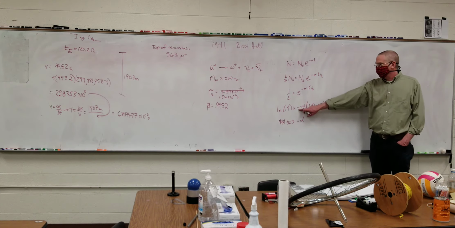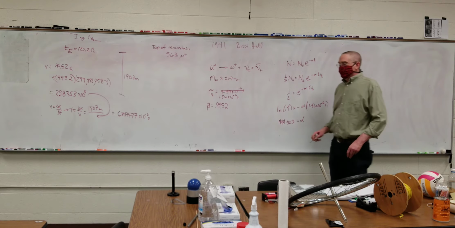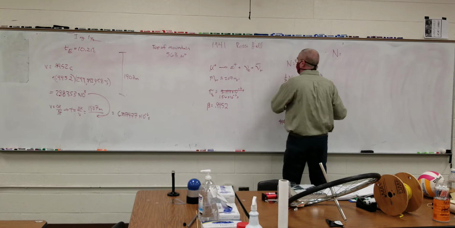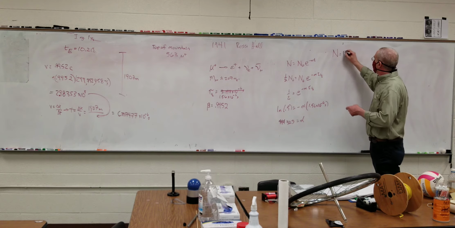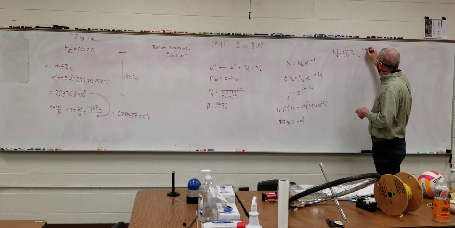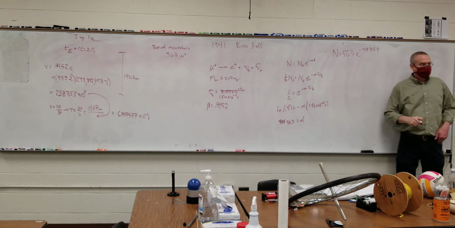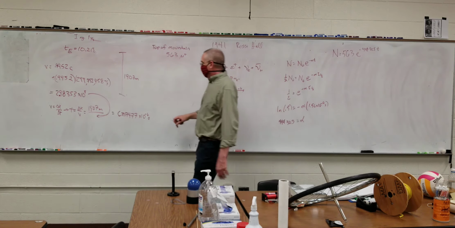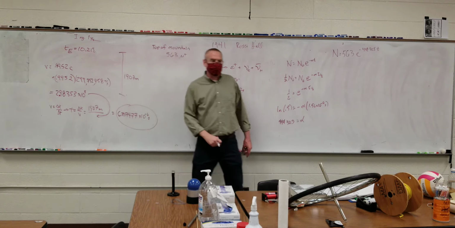All right, so by this, the number of particles should be whatever I started with, which is 563, times e to the negative 444,325 times time. This is our prediction for the non-relativistic case.